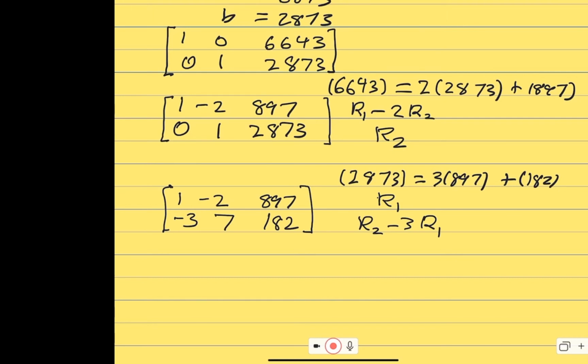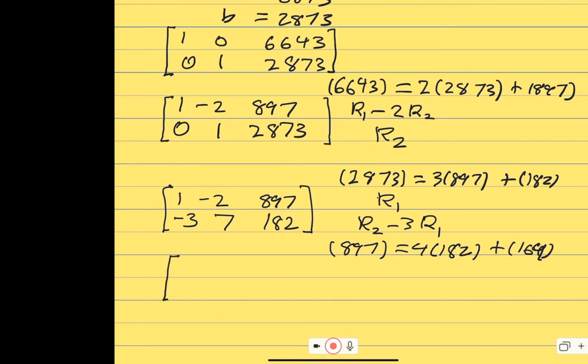All right, I now do my division again, dividing the smaller into the larger. 897 is 4 times 182 plus 169.